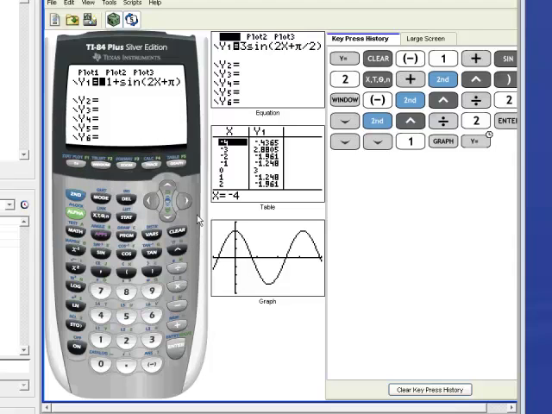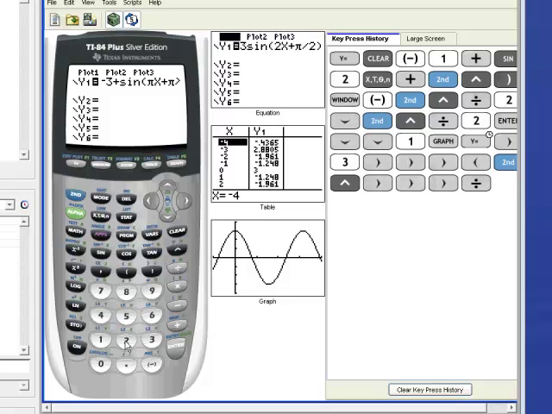Okay, y equals -3 plus sine pi x plus pi over 2.